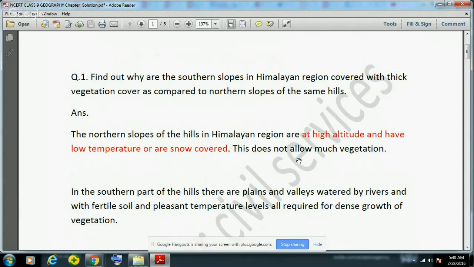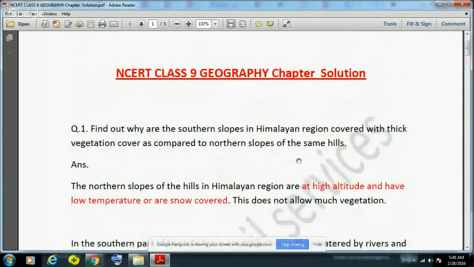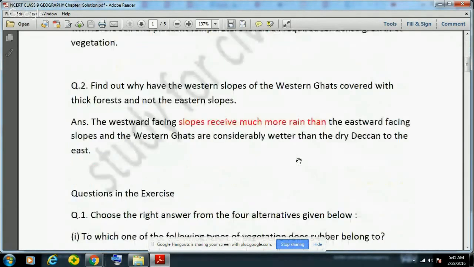But in the southern parts of the hills, there are plains and valleys which are watered by rivers, with fertile soil and pleasant temperature levels. All these are the conditions which are very suitable for the dense growth of vegetation. So that is why southern slopes have very thick vegetation.